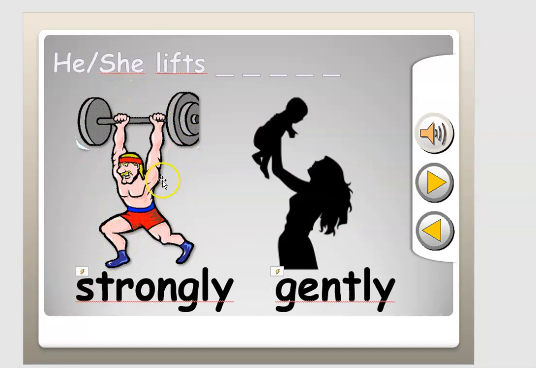Similarly, if we are talking about he and she, he is lifting, so he lifts strongly because of the way he is lifting. And she is the mama and sees the baby with care, so she is lifting him or her gently.